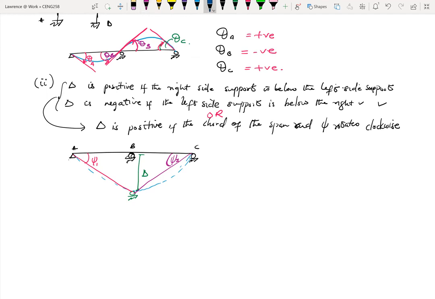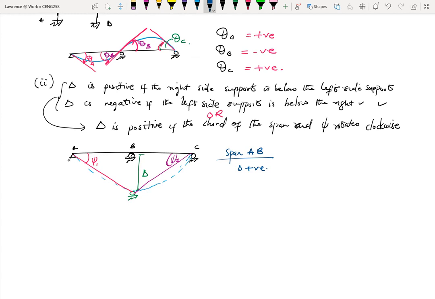Now, if I'm looking at span AB, my delta is positive, because per my definition of the sign convention, delta is positive if the right side support is below the left side. So if I'm looking at only span AB, then my right side support is B, and B has dropped lower than A. So that makes the delta positive.